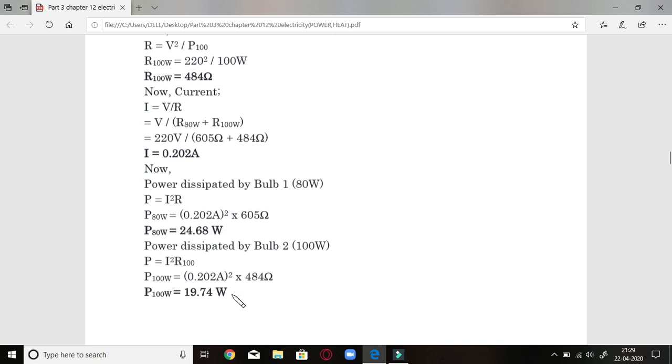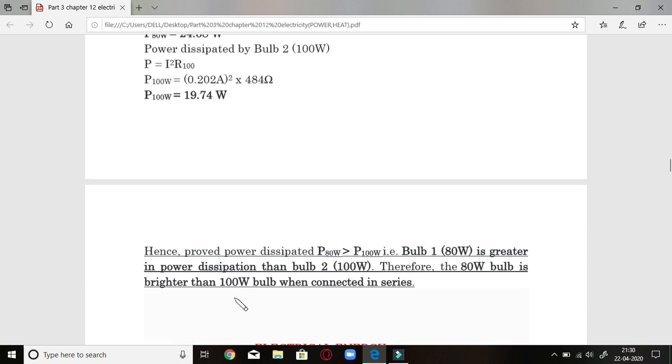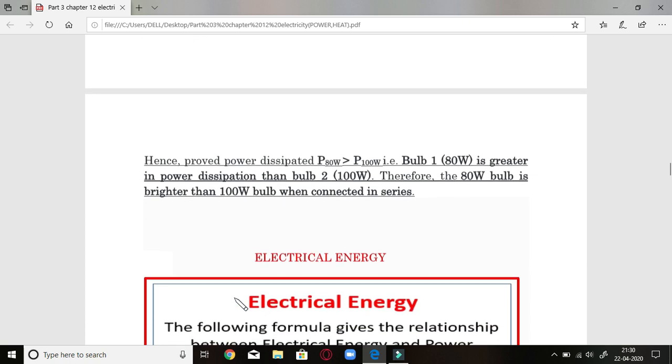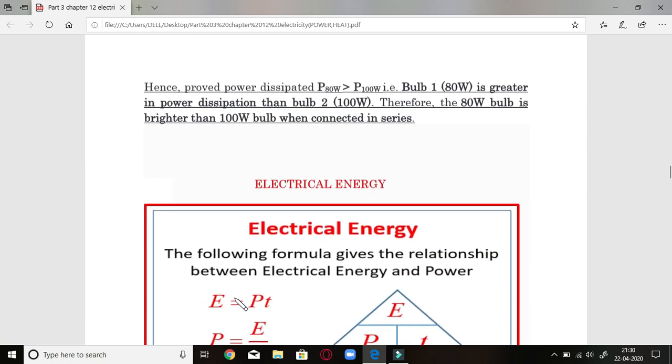That is the reason behind it, by the calculation I have shown you, why for 80 watt the power is more, but for 100 watt it is less. Hence it is proved that the power dissipated for the 80 watt bulb is more as compared to the 100 watt bulb.